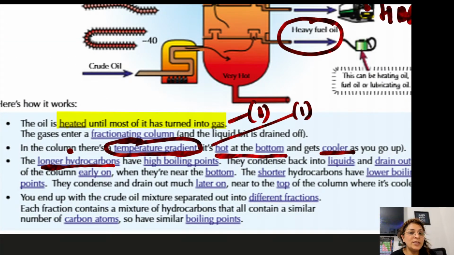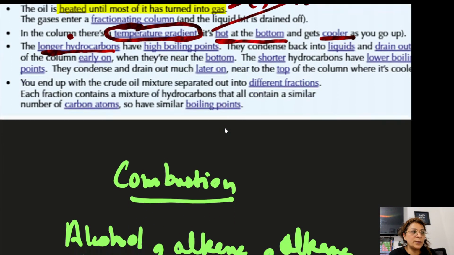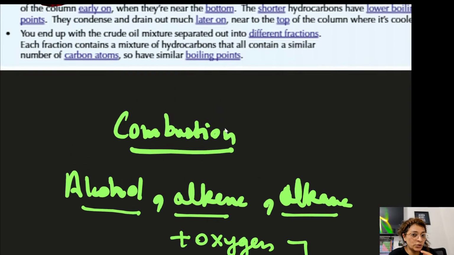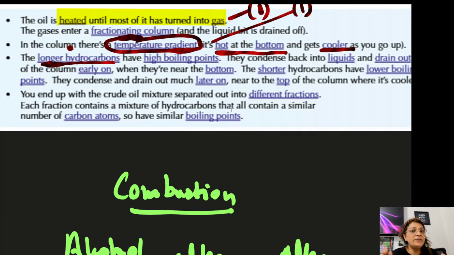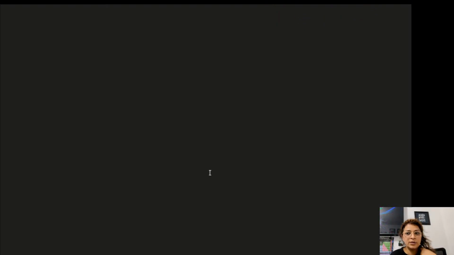Now tell me in the chat about incomplete combustion. This is in Edexcel as well, so don't worry, you will have to learn this for this paper. I'm going to repeat my question. What is the difference between fractional distillation and cracking? Are they both the same or different?